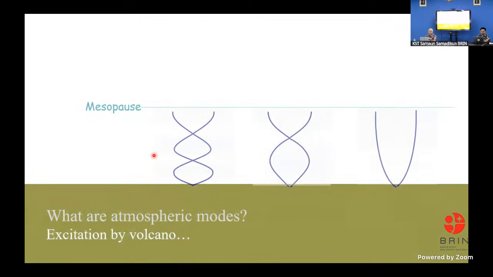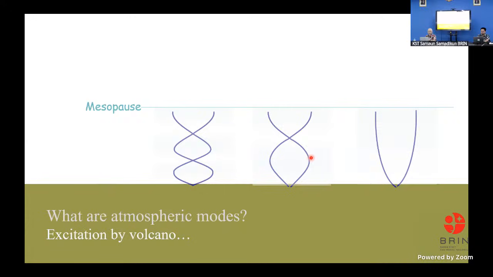The same occurs in the Earth. So this is the ground, and this is the mesopause, the boundary between the mesosphere and thermosphere, maybe. And there's a fundamental mode and a few higher harmonics.